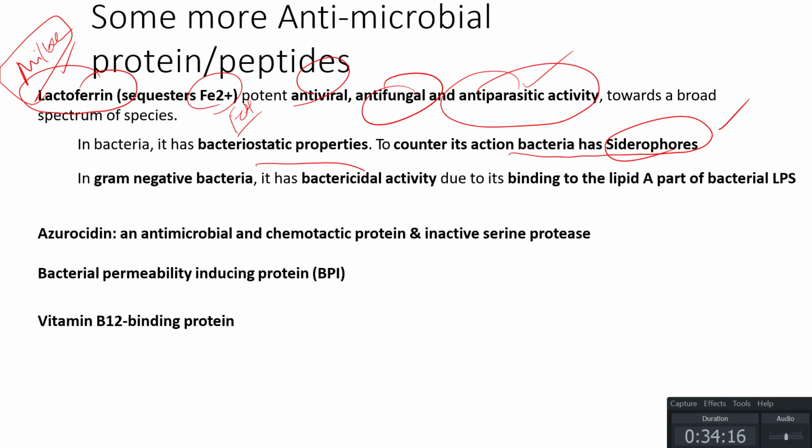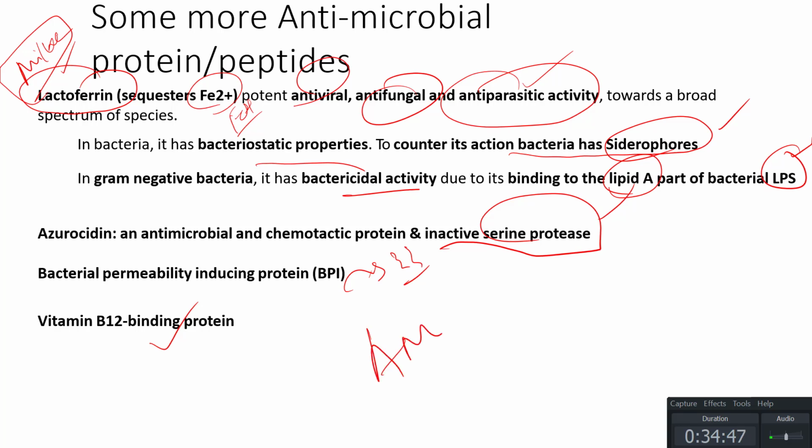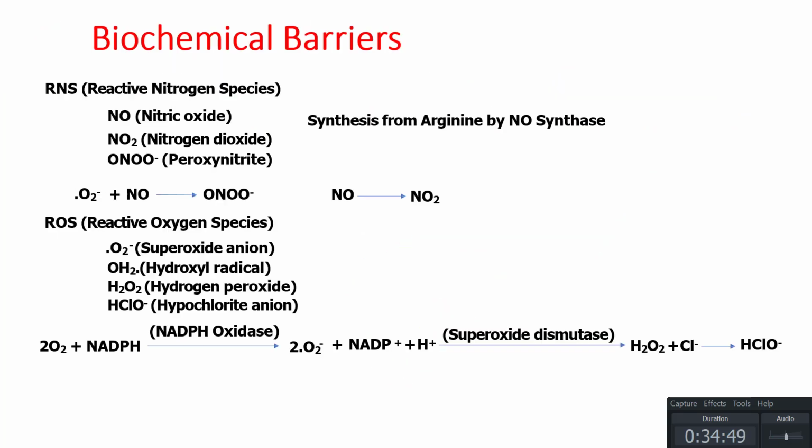In gram-negative bacteria, it has a bactericidal activity due to binding to lipid A, which is part of the LPS. Then azurocidin is an antimicrobial and chemotactic protein that inactivates serine proteases. There is also bactericidal permeability-increasing protein, which induces bacterial permeability, and vitamin B12 binding proteins. These are all part of antimicrobial peptides, AMPs.